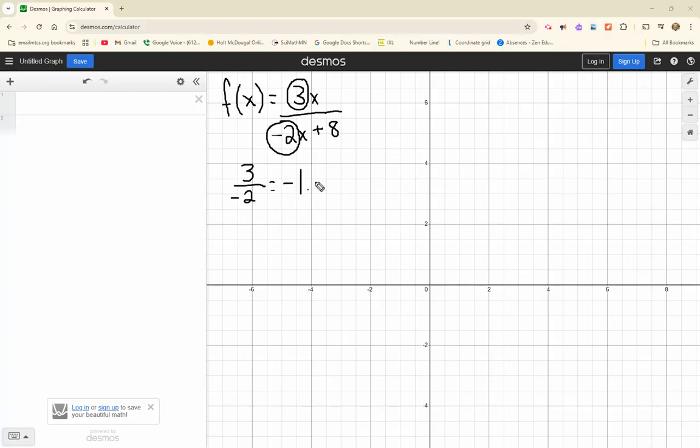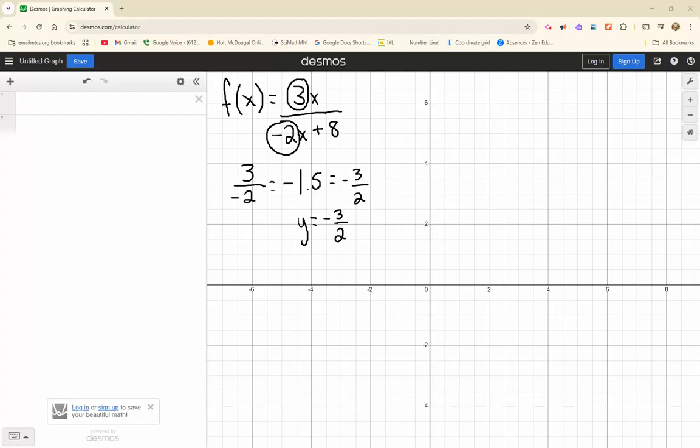So in this case, it would be -1.5, or if we want to leave it as a fraction, -3/2. And also, the equation for this is always going to be y equals. So the horizontal asymptote is going to be y equals -3/2.